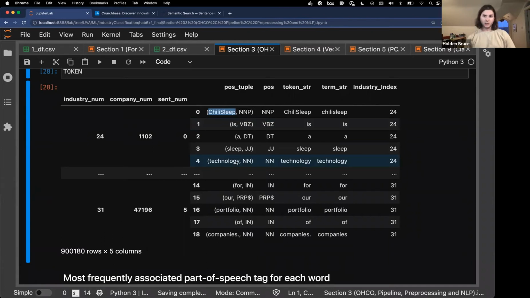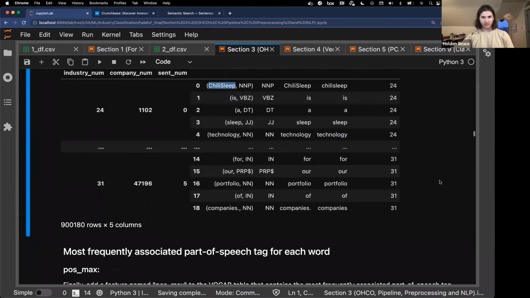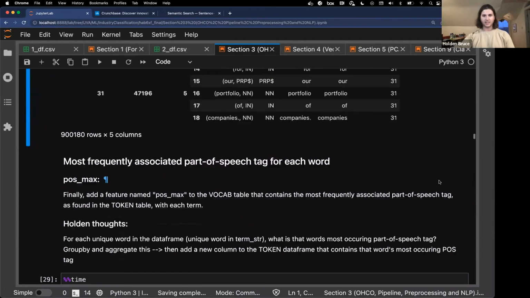Maybe technology was used 20 times across all of the text data that I have, and maybe 5 times it was used as a verb, who knows, but 15 times it was used as a noun. That hidden Markov model is going to make a guess and say, look, the majority of the time this was a noun, so we're going to deem it a noun. Going back to how stats play such an important role in a lot of the natural language processing that goes on here, this is a great example of that.